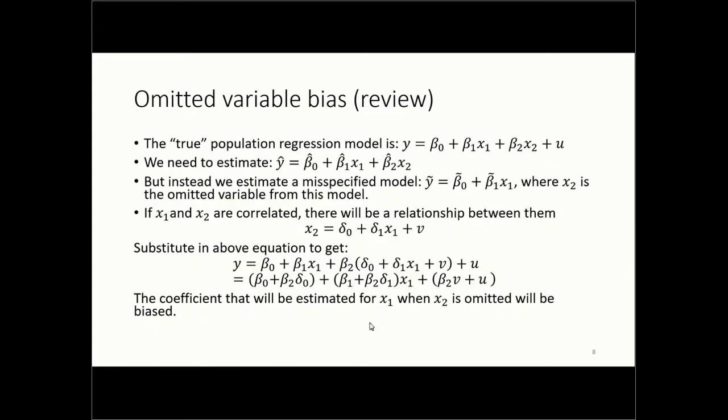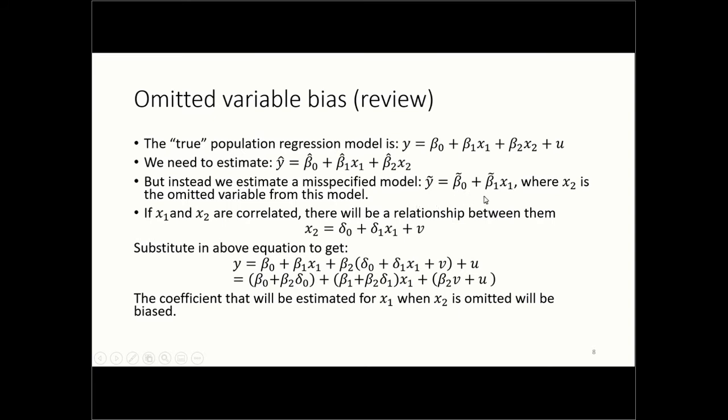So let's review omitted variable bias that we talked about previously. The true population regression model is this. We have two independent variables, x1 and x2, included in the model, and this is the model that we need to estimate. But what if instead we estimate a misspecified model here, where x2 is the omitted variable from this model?